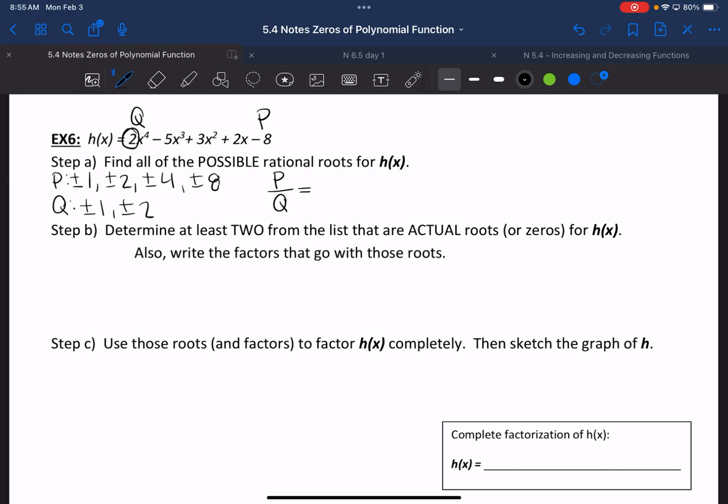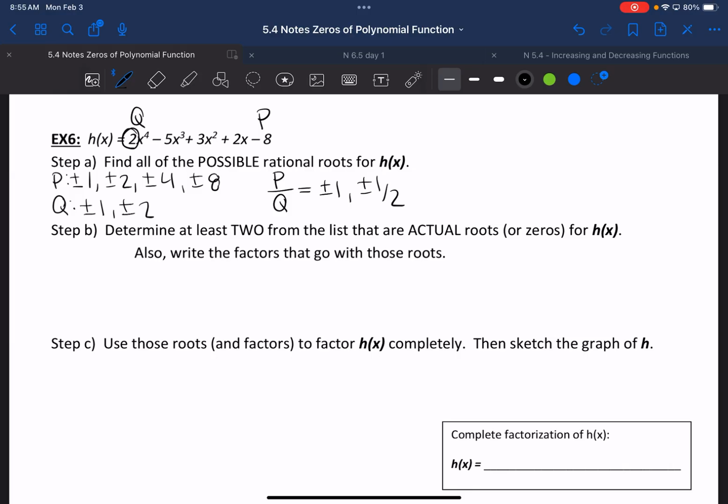So first combination would be plus minus 1 over plus minus 1, which really is just 1, right? Okay. I also could do, for P, plus minus 1 over, what's the other option for Q? So plus or minus 1 over 2. All right. That wears out all the combinations for using the plus minus 1 for P.